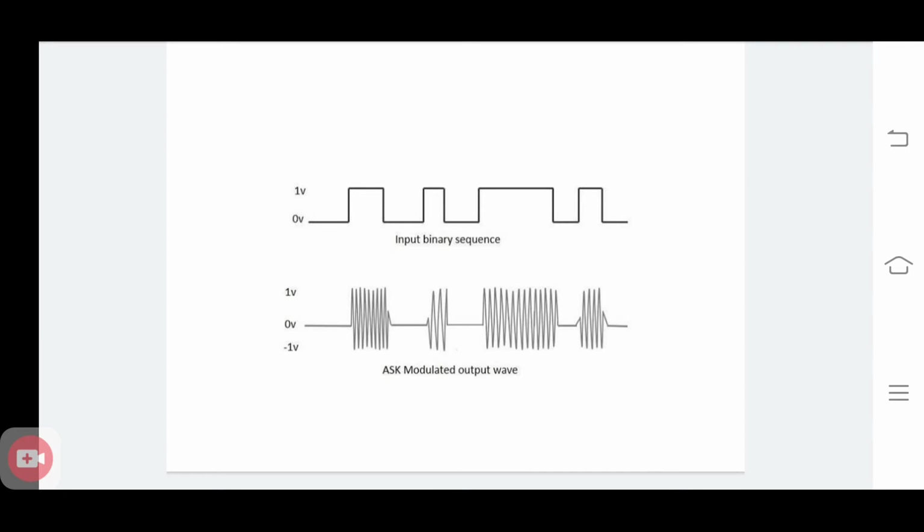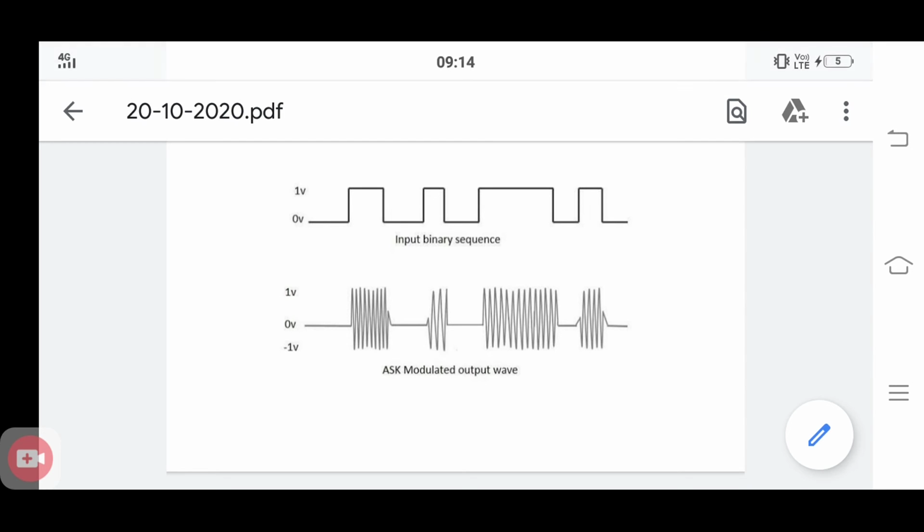Next we have again 0, represented by absence of voltage. Next we have a long 1 representation, so we have a large amplitude representation in the ASK modulated output wave. So this is the representation of amplitude shift keying.